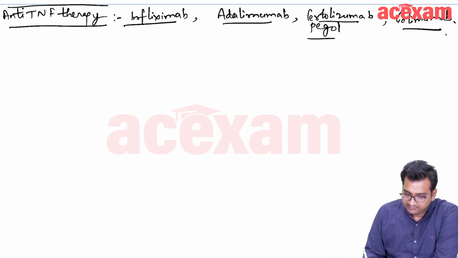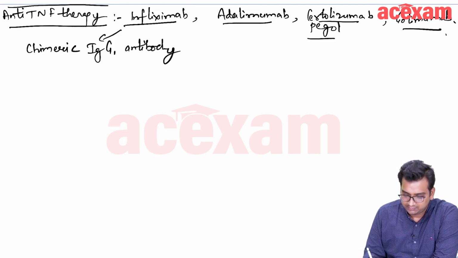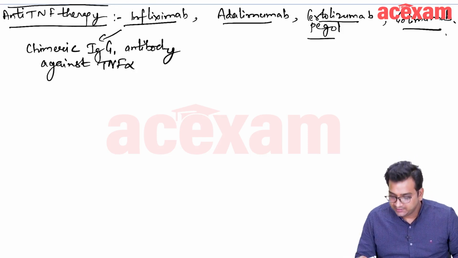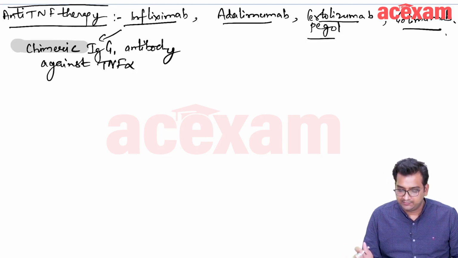So infliximab is a chimeric IgG1 antibody against TNF alpha. It is anti-TNF therapy against TNF alpha and it is chimeric antibody. Okay. Already we know that it is a monoclonal antibody against TNF alpha.